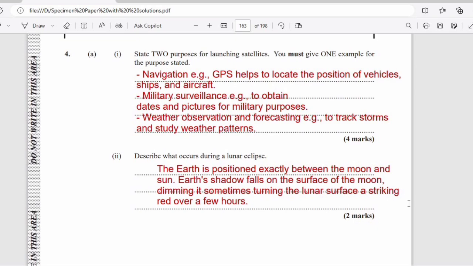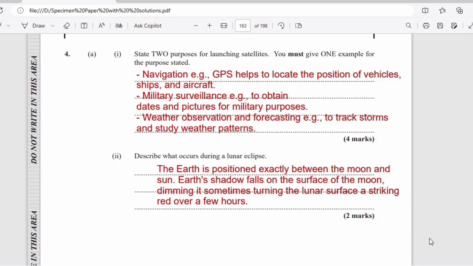Earth's shadow falls on the surface of the moon, dimming it sometimes, turning the lunar surface a striking red over a few hours. So the Earth is positioned exactly between the moon and the sun, and the Earth's shadow is cast on the moon, and that's how we have a lunar eclipse.